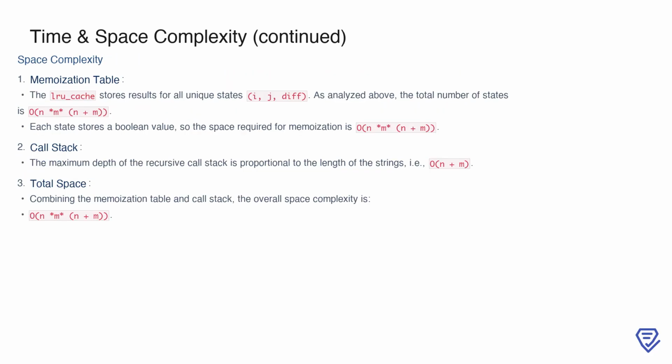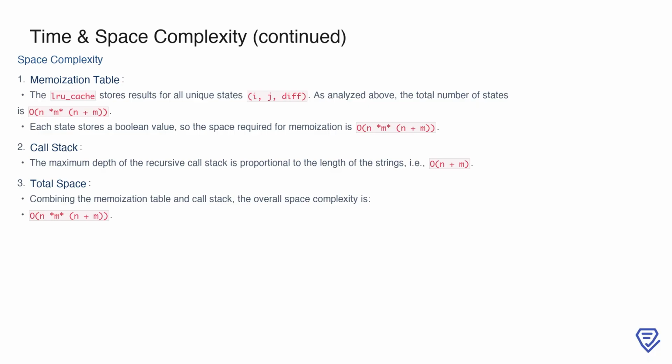For the space complexity, we start by examining the memoization table created by lru_cache. This table stores the results for all unique states (i, j, diff). As we determined earlier, the total number of such states is O(n * m * (n + m)). Since each state stores a Boolean value, the space required for memoization is proportional to this number of states.